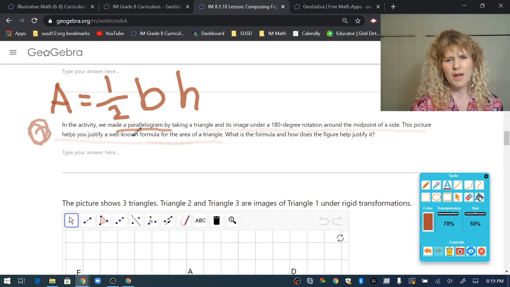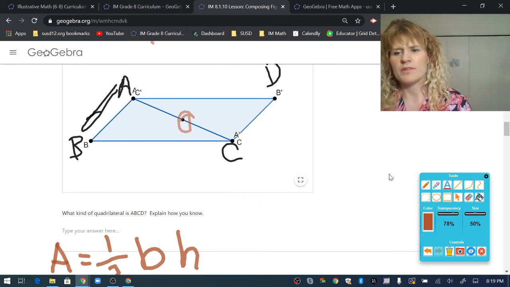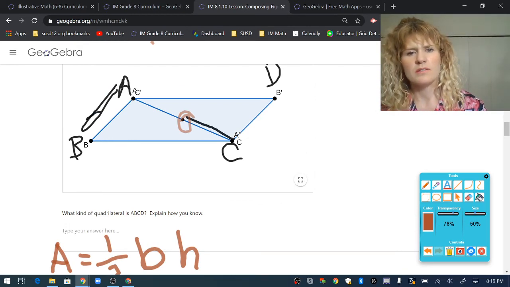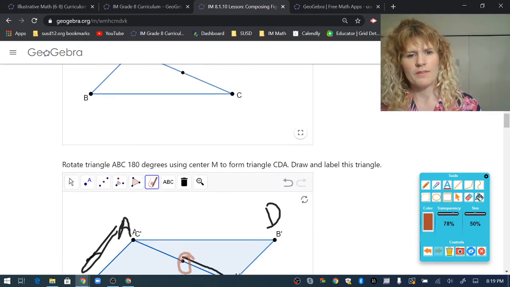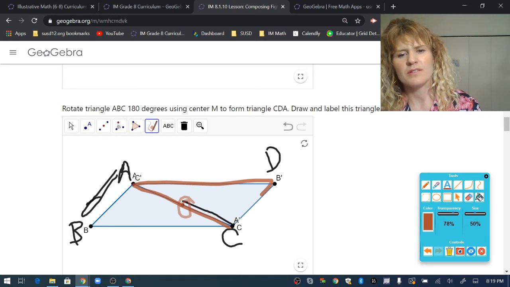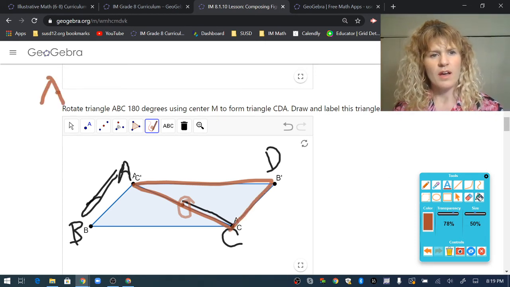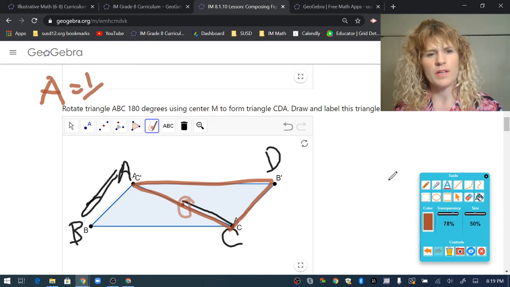But how did our GeoGebra work help you justify that? Well, we have a triangle here. Oh, I have the wrong tool. Sorry. This tool. We have a triangle here, and we said that the area of a triangle equals 1/2 base times height.